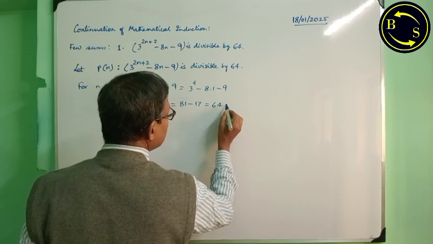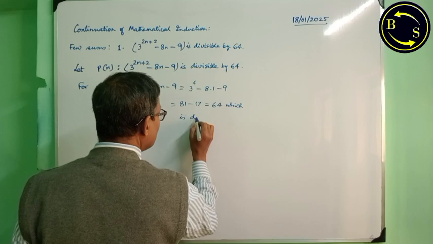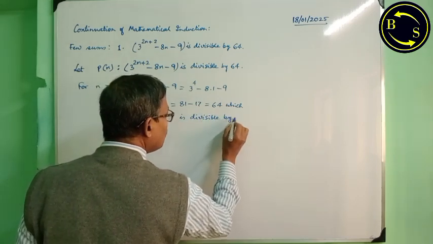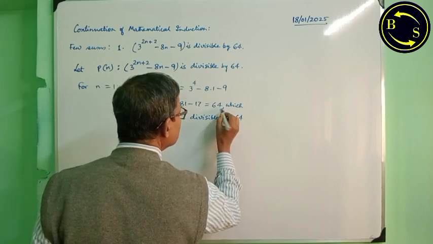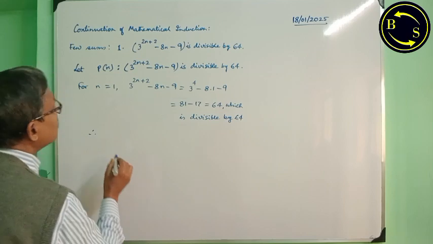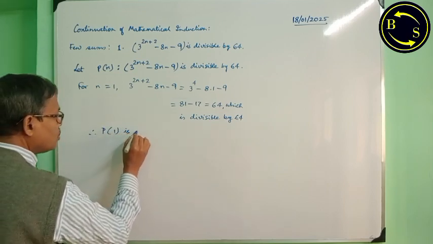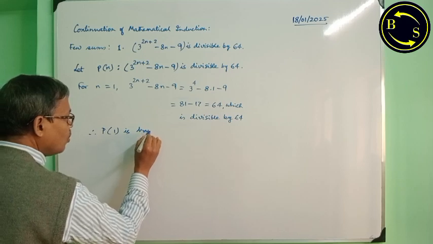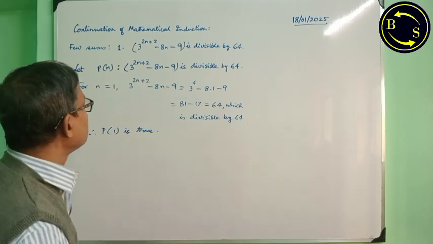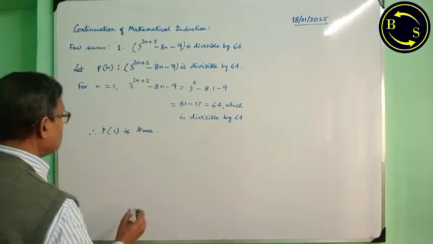This is naturally divisible by 64. Therefore, P1 is true. Thus, we have verified this expression is divisible by 64 for n equal to 1.